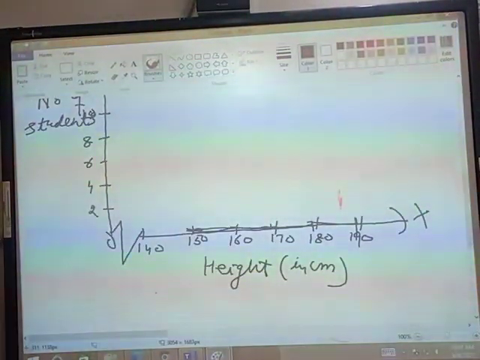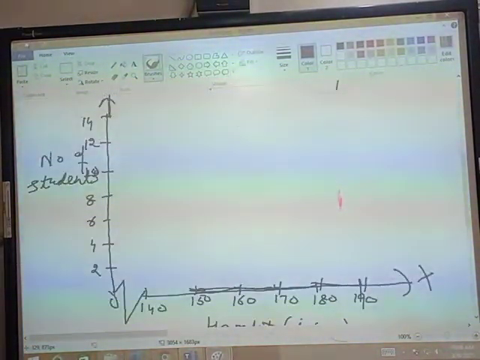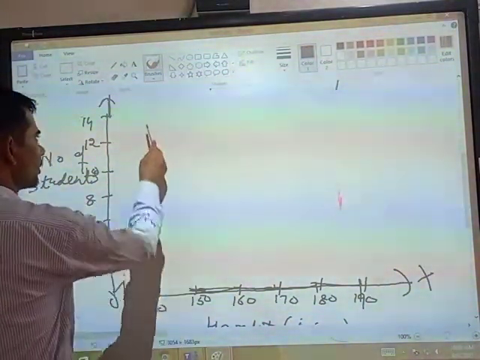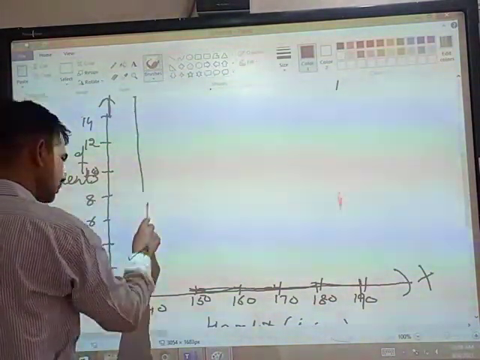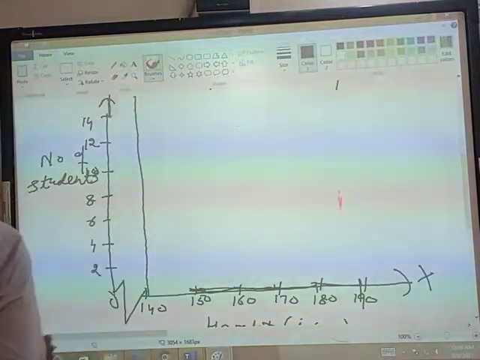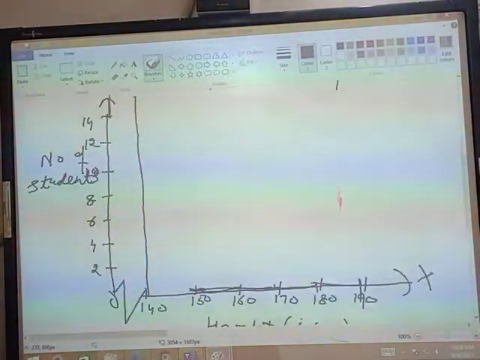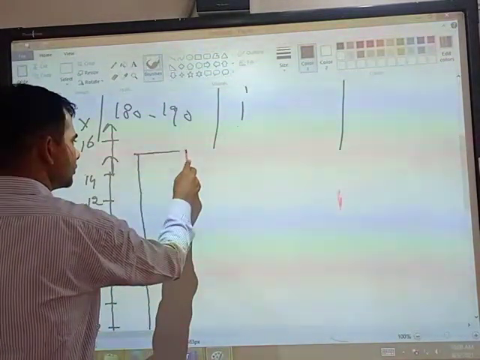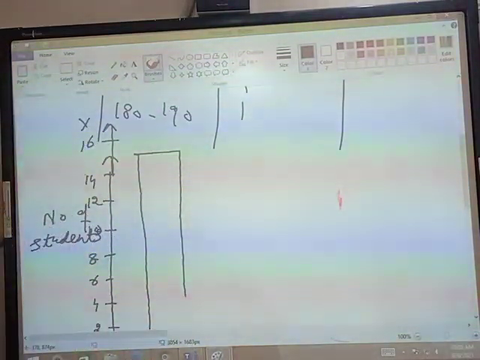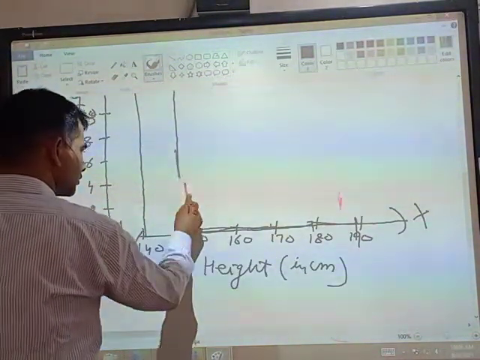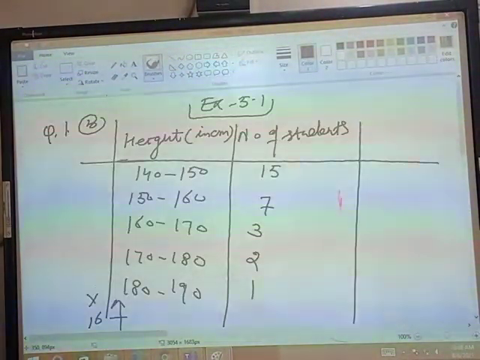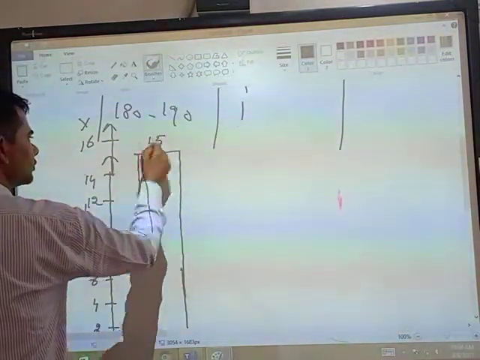Now 140 to 150, the number of students is 15.